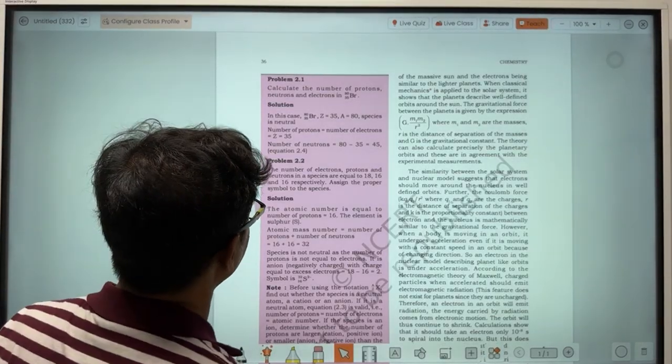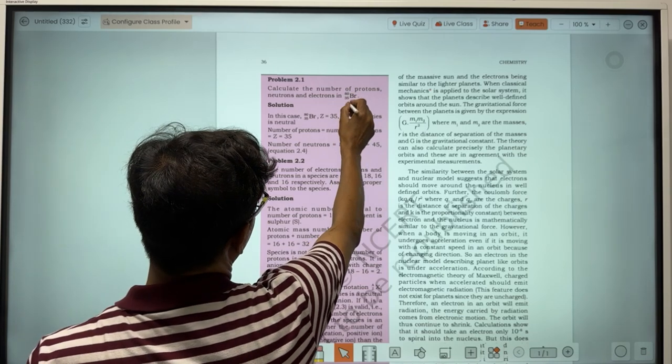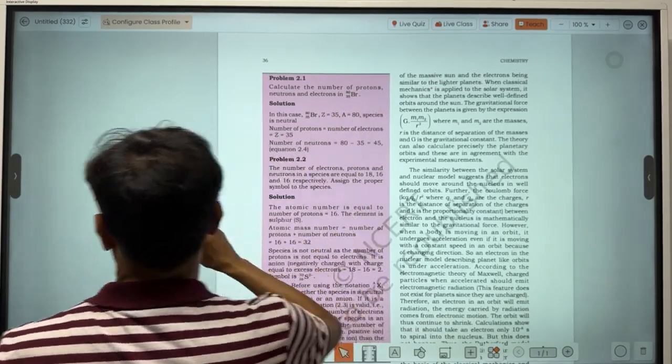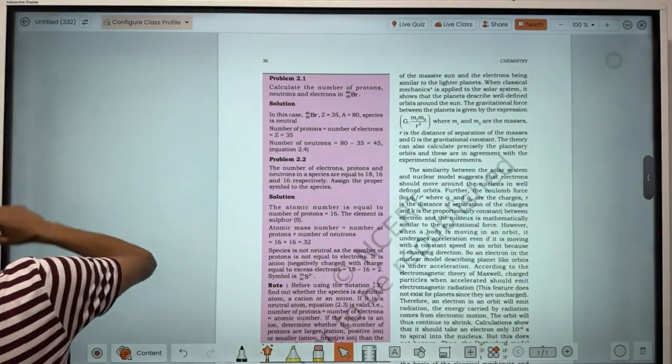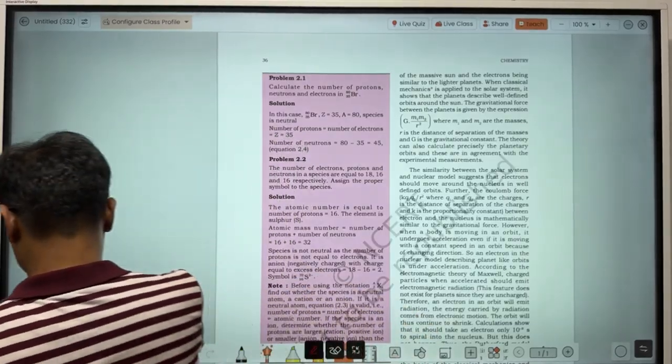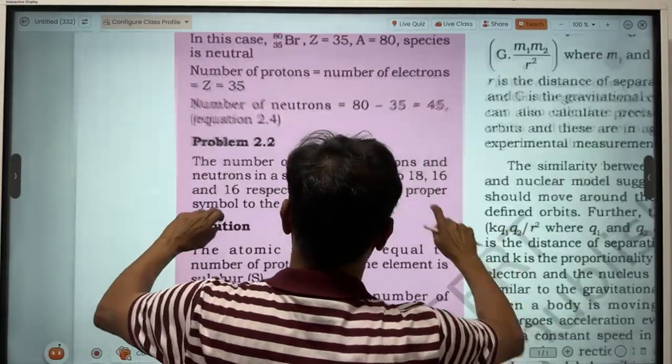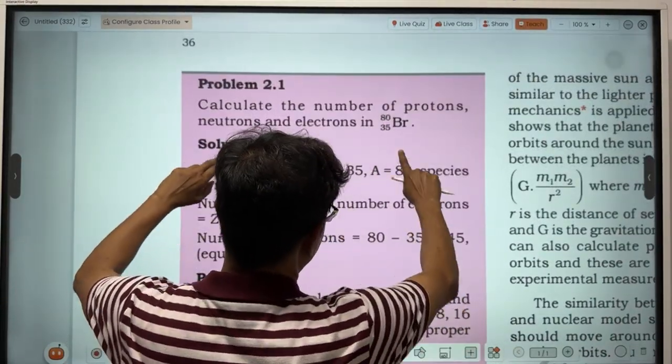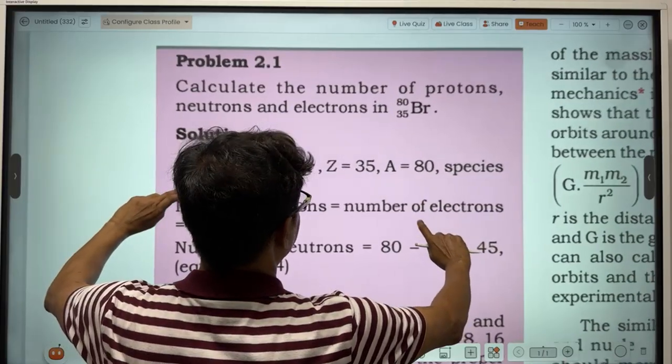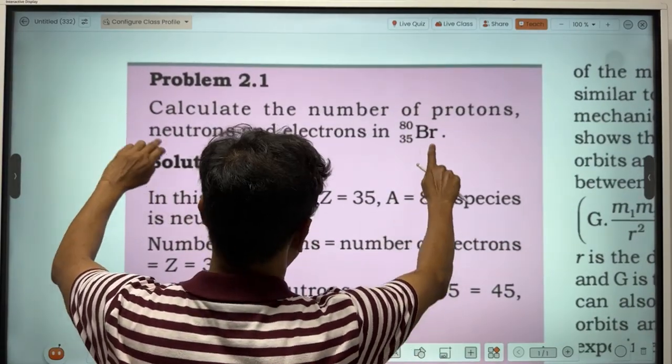You have to find out the number of protons, neutrons and electrons in bromine-35. This is the question.